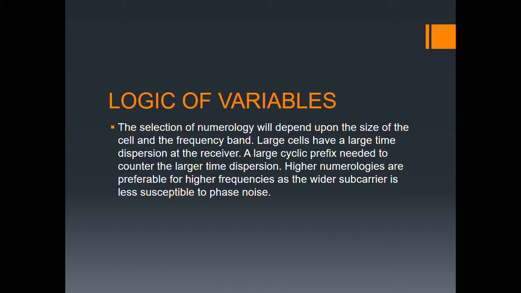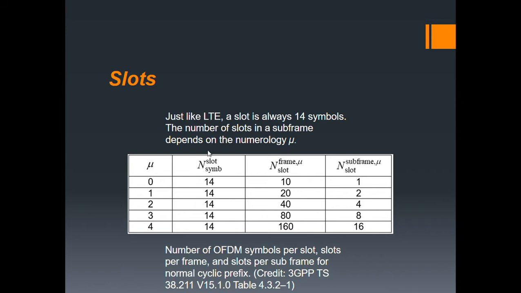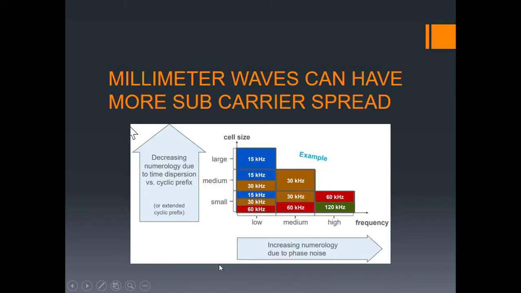And when we look at further statistical data, you look at the logic of the size of the cell and the frequency band. There is some relationship, as we can see in this visual. We have x-axis indicating the low frequency, medium and high frequency for 5G, because 5G can exist in FR1, that is sub 6 gigahertz, and FR2, which is for millimeter waves, starting from 24 gigahertz up to 56 gigahertz.